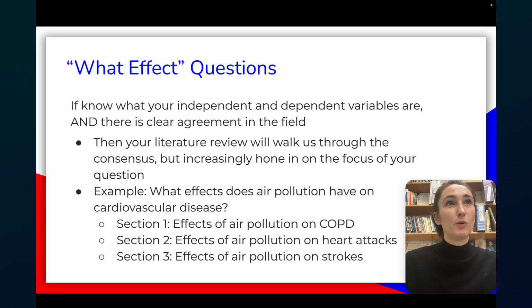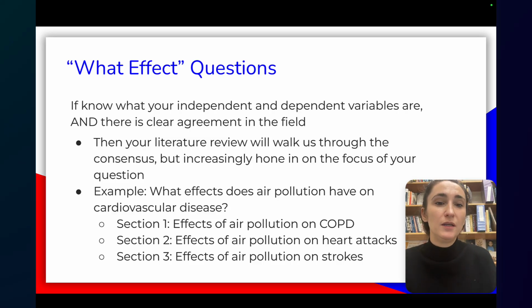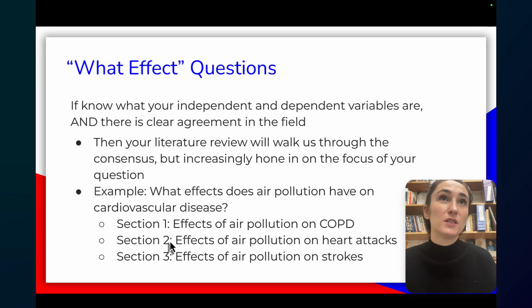Okay, so in that case, there's not disagreement like that previous example where some people found that voter ID laws demobilized, another found that it mobilized, or a third camp of sometimes, right? Instead, the effects are quite clear. So instead, we can say we have this one camp that found that air pollution increased rates of COPD. And then camp 2 is the effects of air pollution increase the rates of myocardial infarctions, right? That's a heart attack.